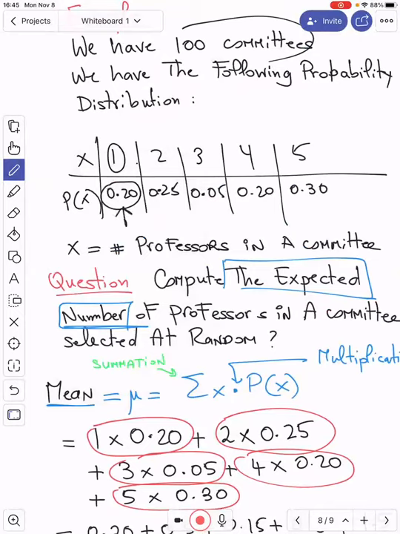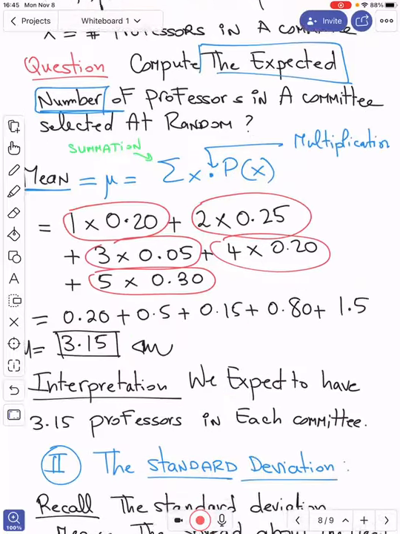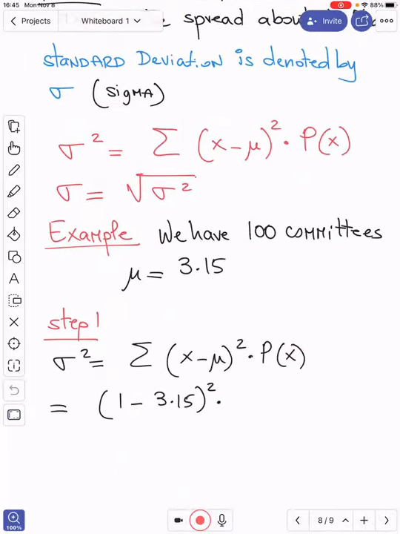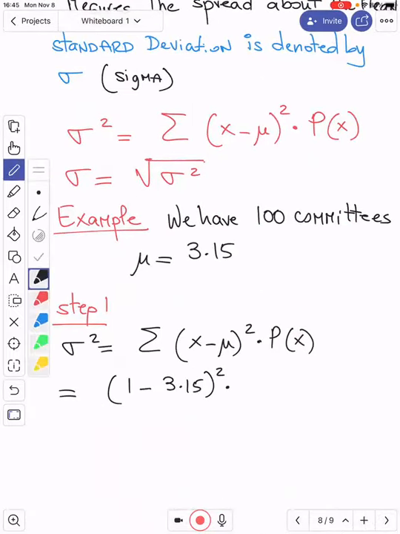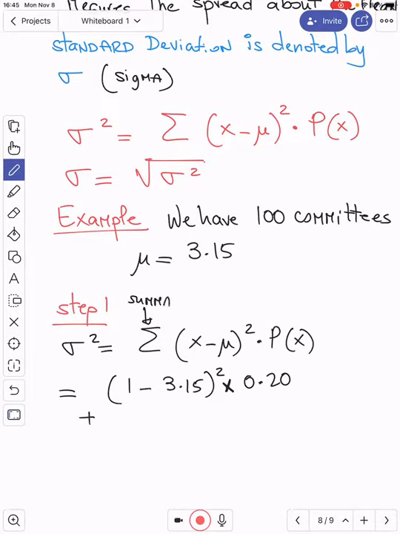So this is a multiplication here, times 0.20, plus, because we have a summation here, the next value of x is 2.